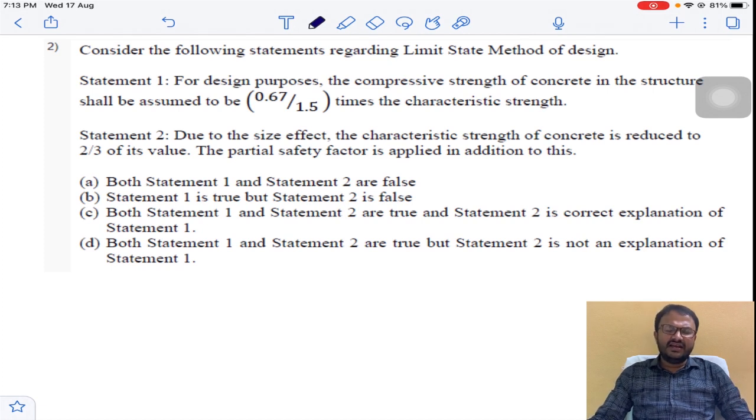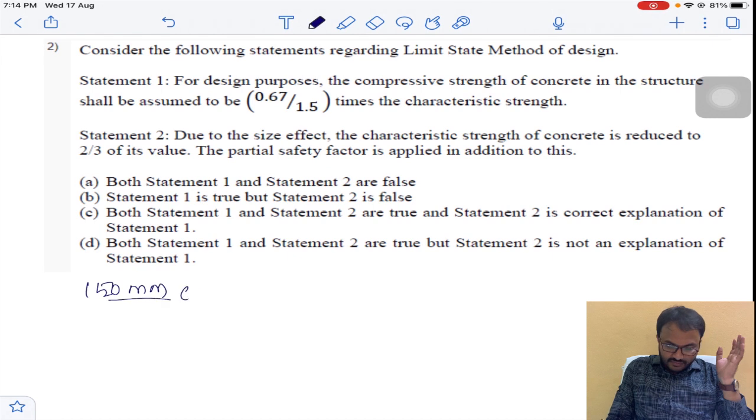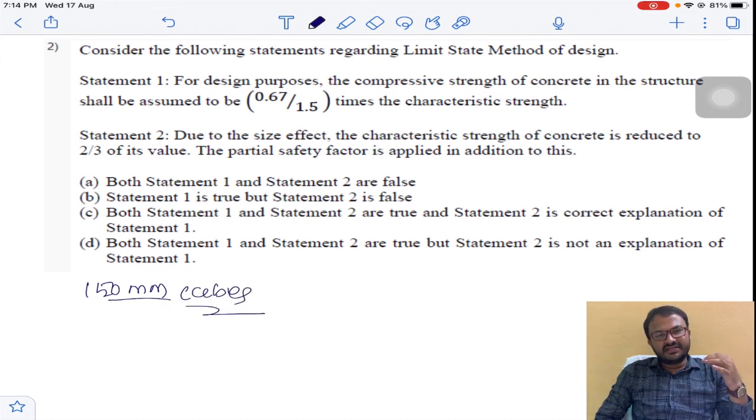Generally, I'll explain. The characteristic strength is determined using 150 mm cubes. So we prepare many cubes of size 150 mm to check the characteristic strength of concrete. And the dimensions of concrete structures are different and widely varying.